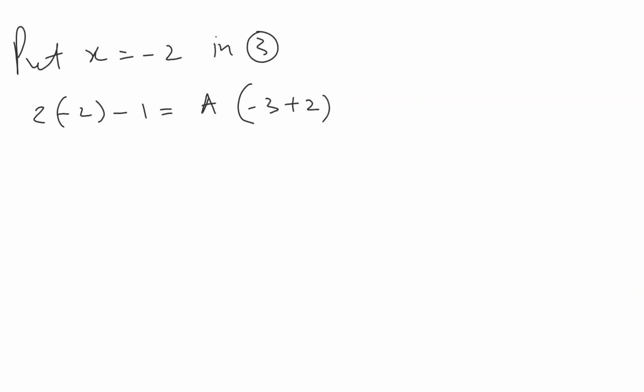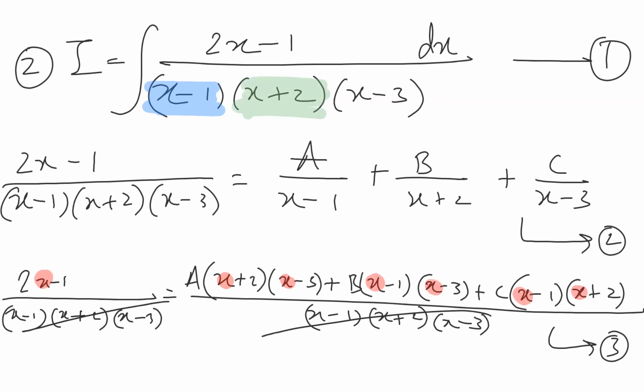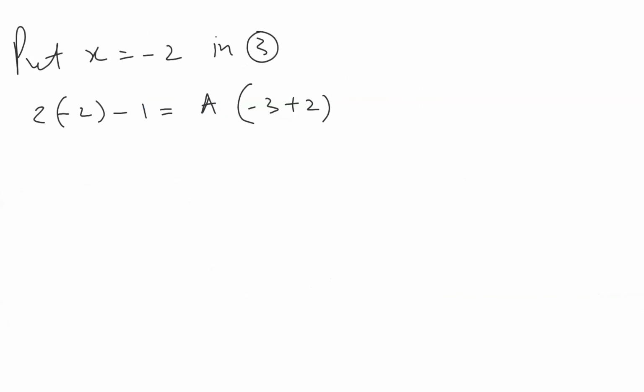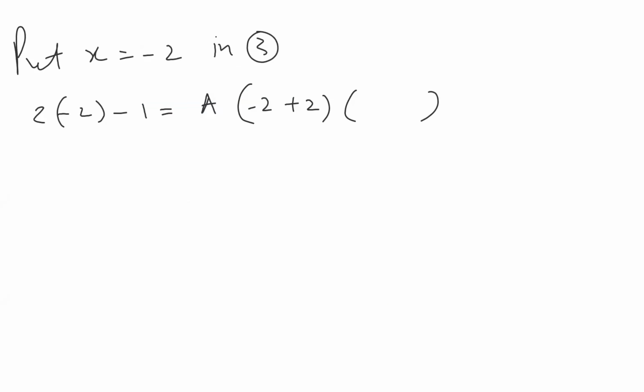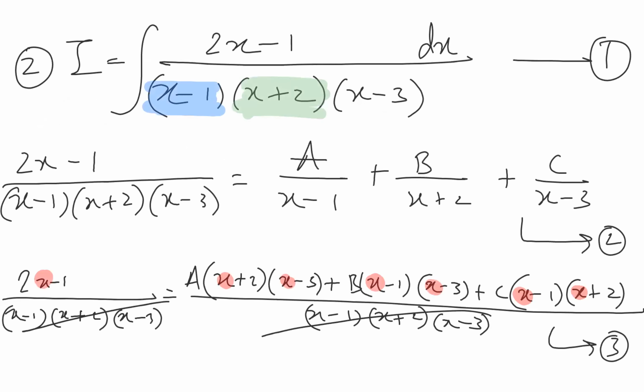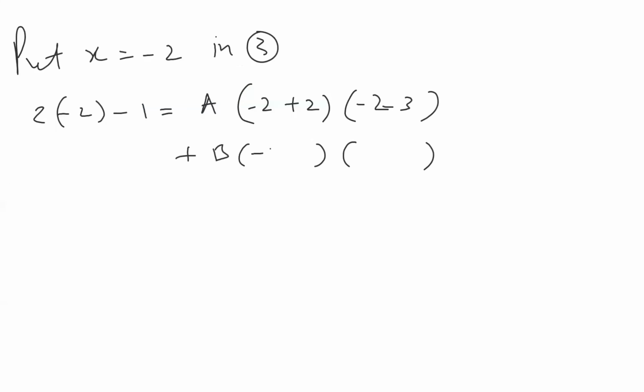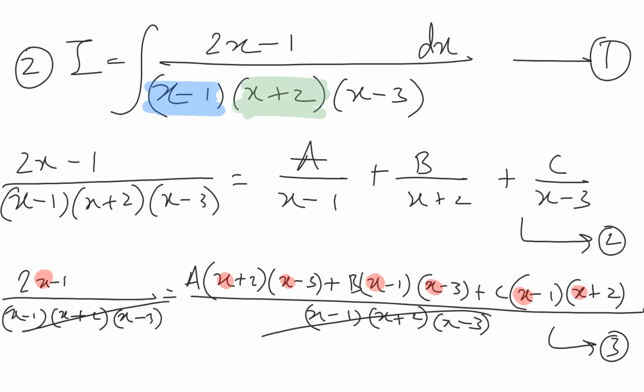Minus 2 plus 2 into minus 2 minus 3, plus b into minus 2 minus 1, minus 2 minus 3, and plus c into minus 2 minus 1, minus 2 plus 2.